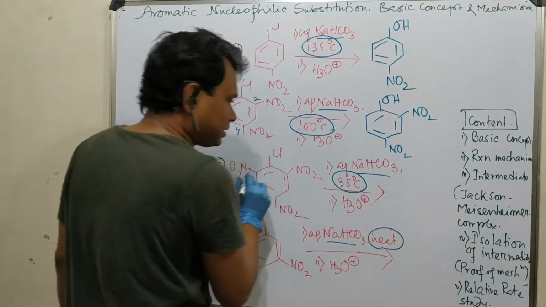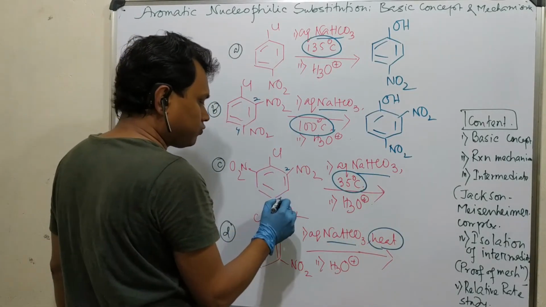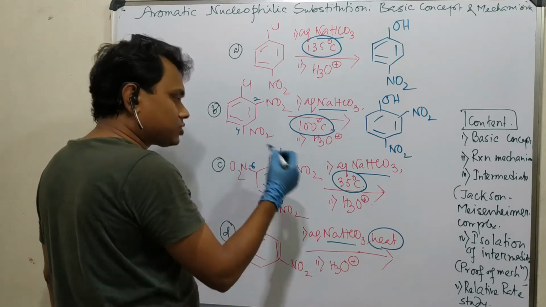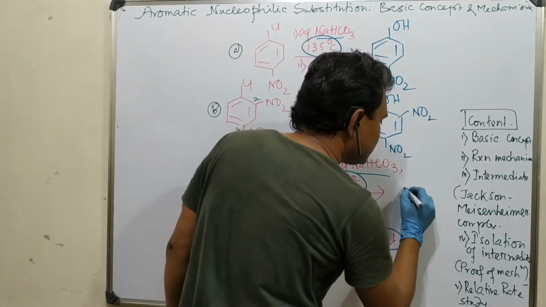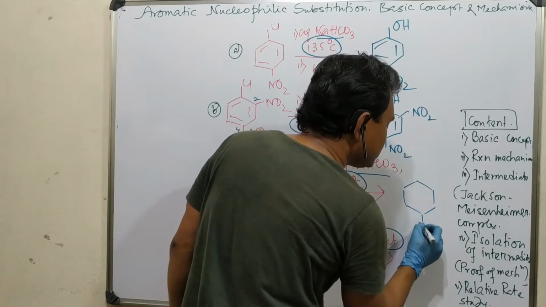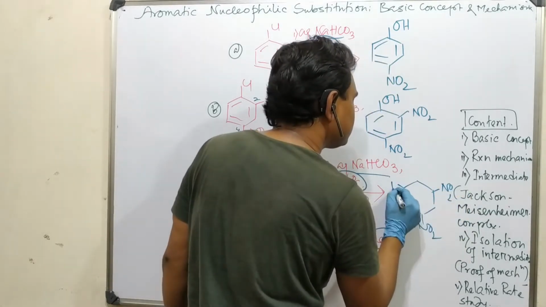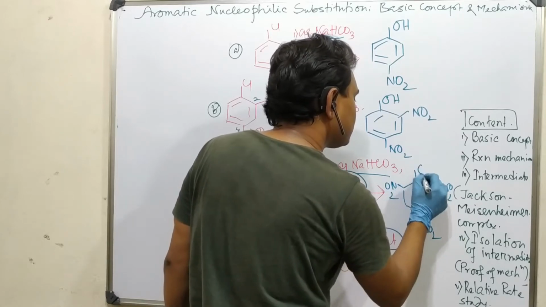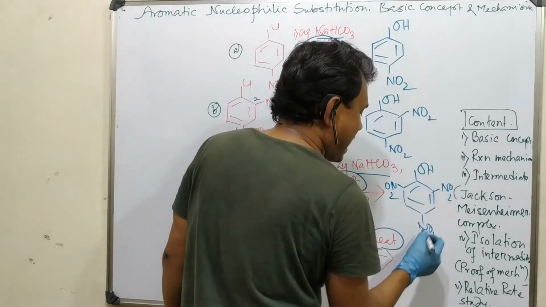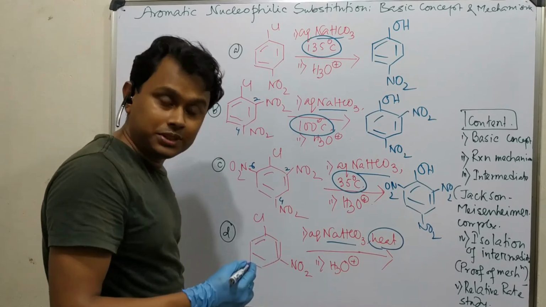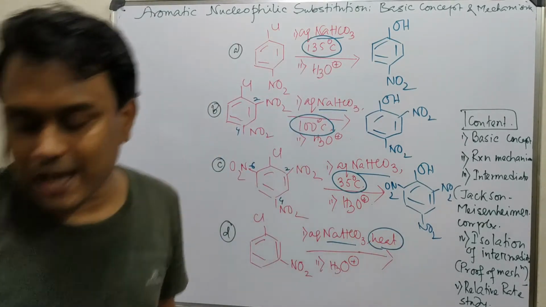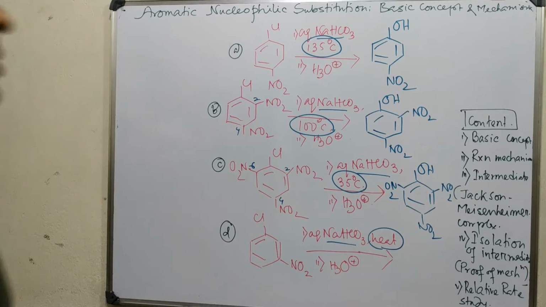The third one, 2,4,6-trinitrochlorobenzene, resulted in 2,4,6-trinitrophenol after workup. And this molecule has another unique name also. It is named picric acid.